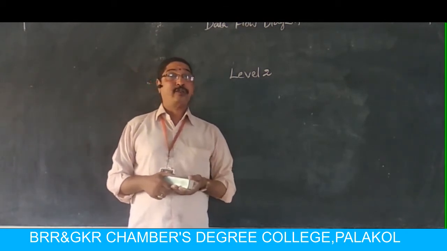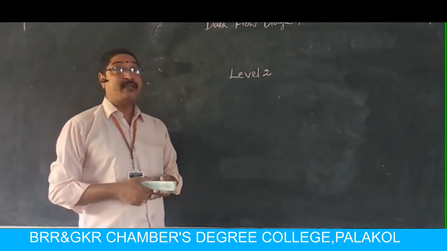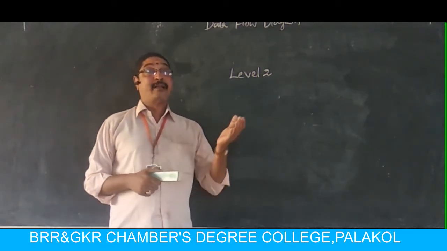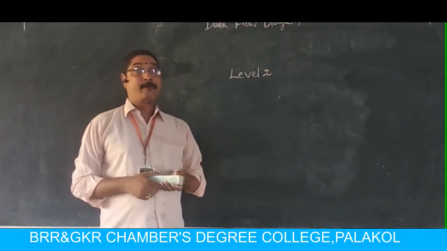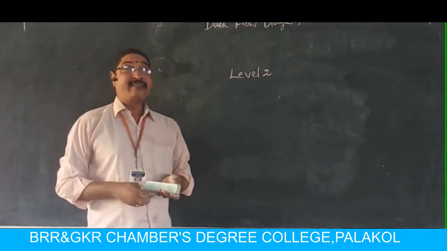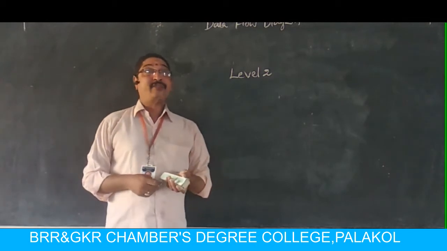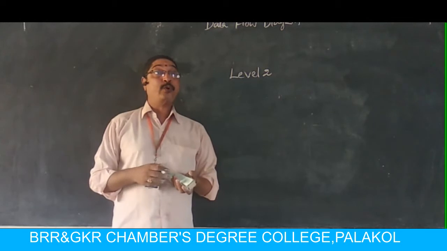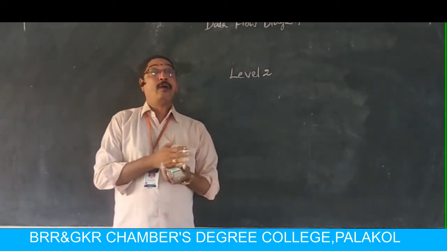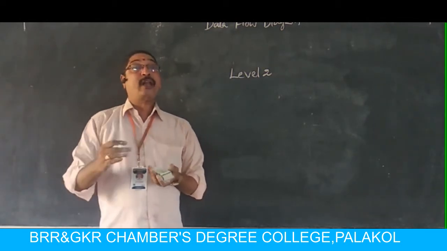All these symbols we used, and the different levels of data flow diagrams, that is level 0, level 1 and level 2, we discussed just now. Now let us discuss the remaining graphic tools that help the designer and the developer to convert the planned model to a graphical model.